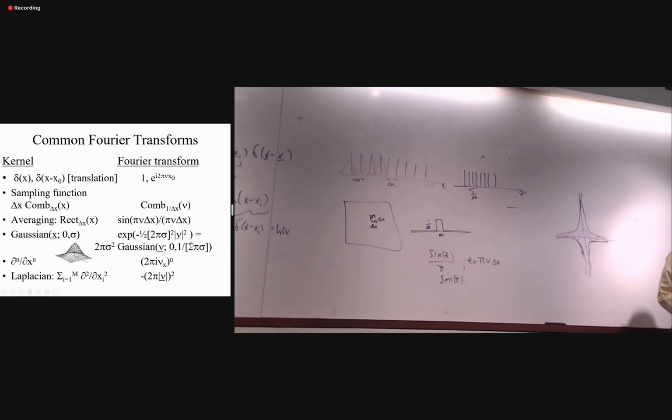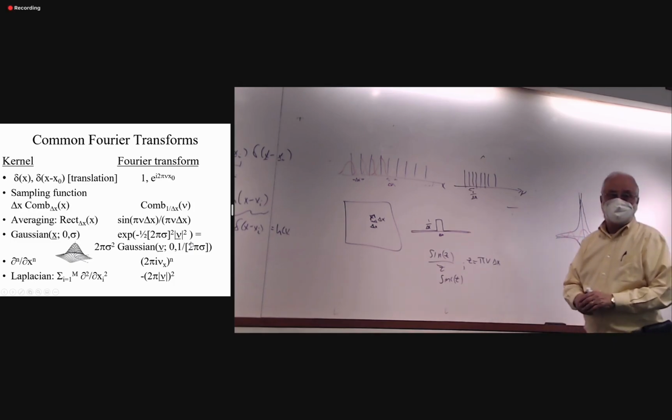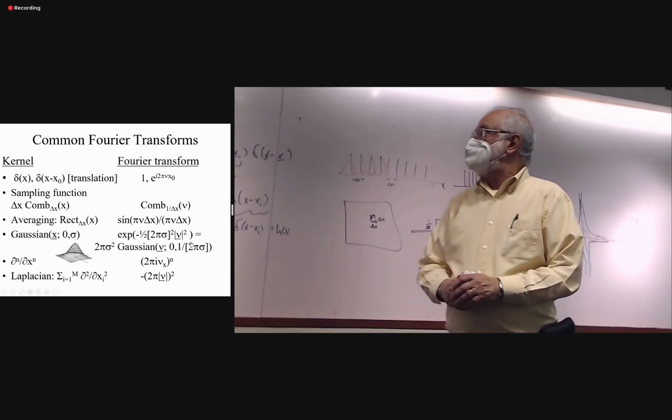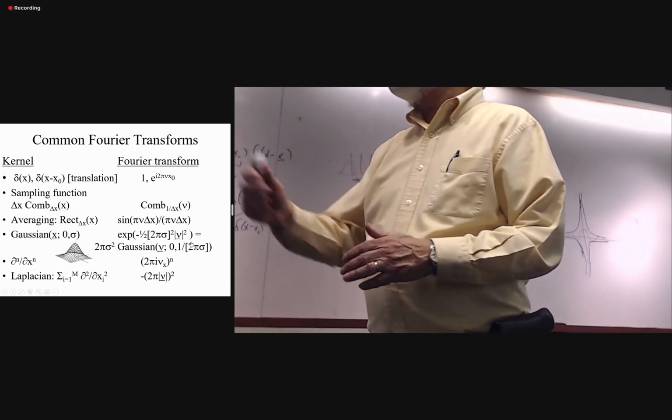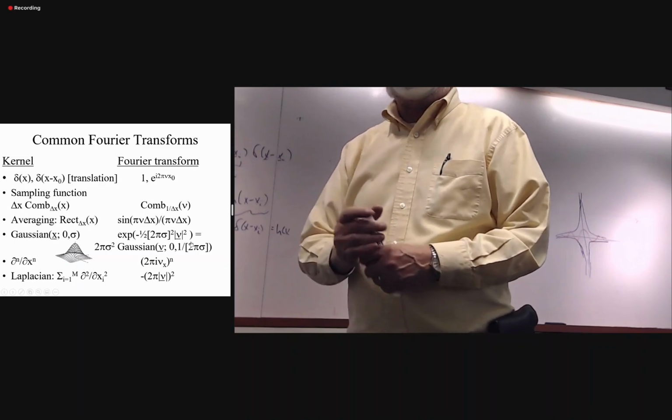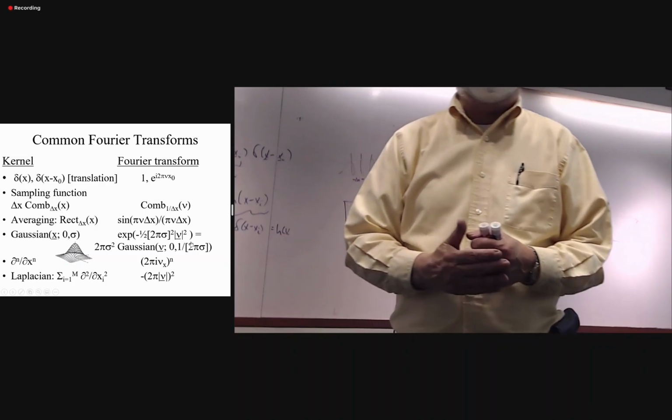Basically, we have two more to talk about. We talked about the Gaussian. It maps into a Gaussian. Now let's talk about taking derivatives in the frequency domain. We're going to talk about the nth derivative, but first, let's talk about n equals 1, the first derivative operator.